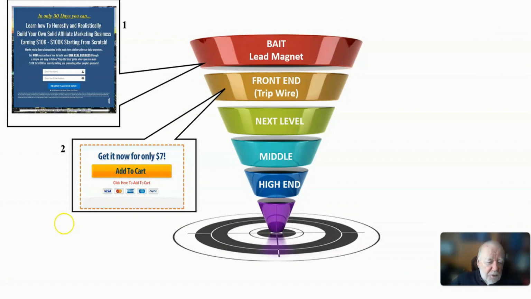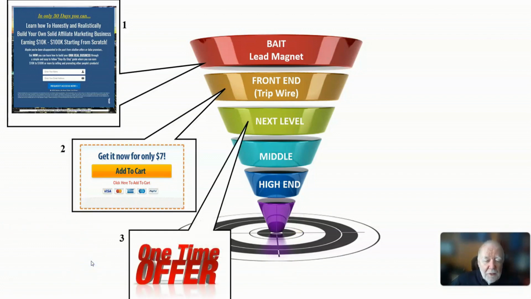So what's the next level? After they consume that and they see value in that, then you get a one-time offer, usually a slightly more expensive, more costly offer, but again, maintaining the value, something that can build upon the front end tripwire that you offered or some other avenue.